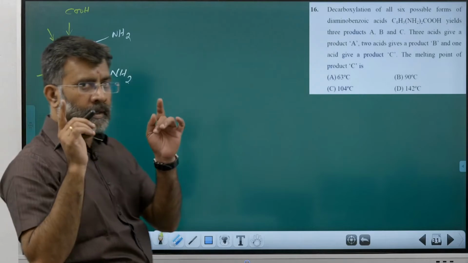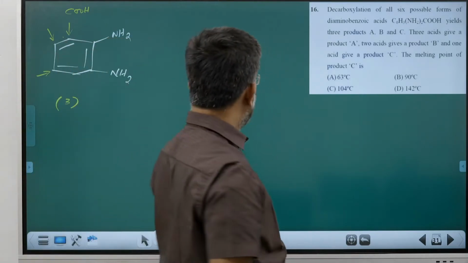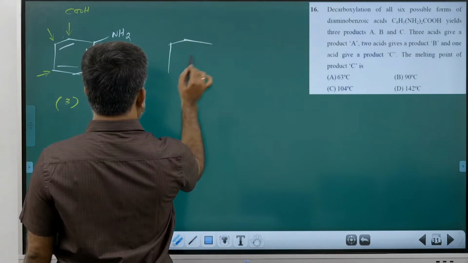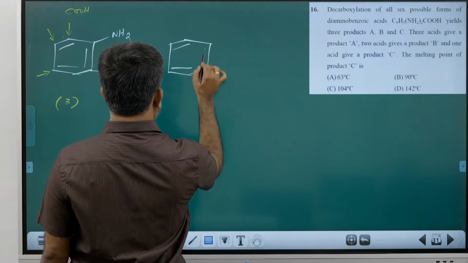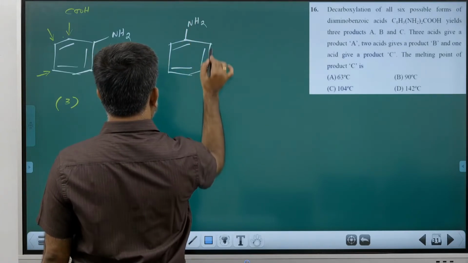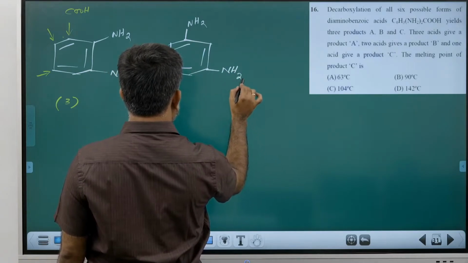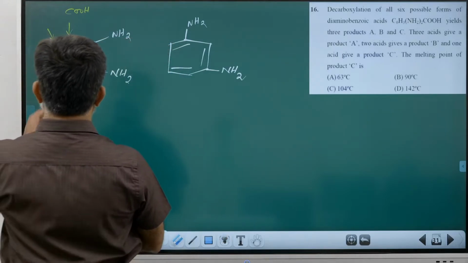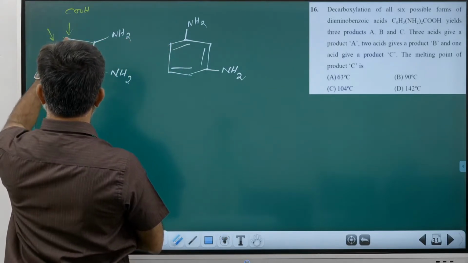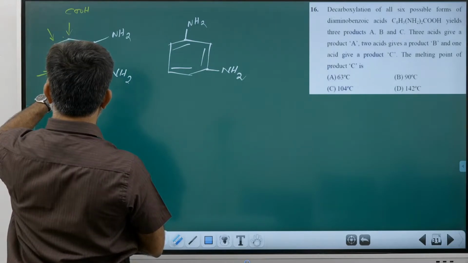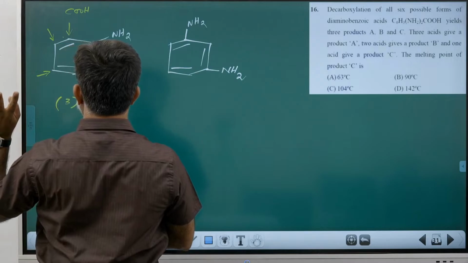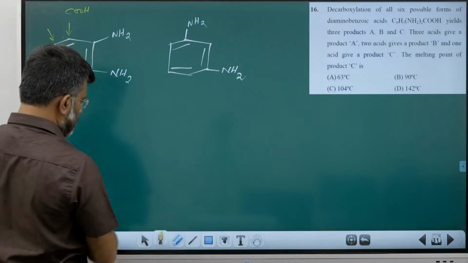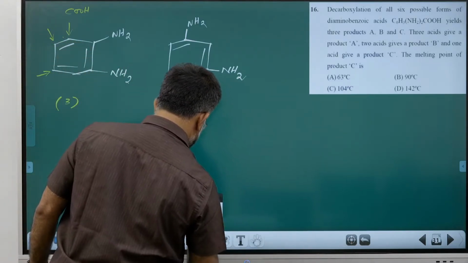We were talking about 6 isomers, 3 over. Now what about the remaining? We can have amino group at 1,3 position, that is meta-diamino. This will give only 2, right?